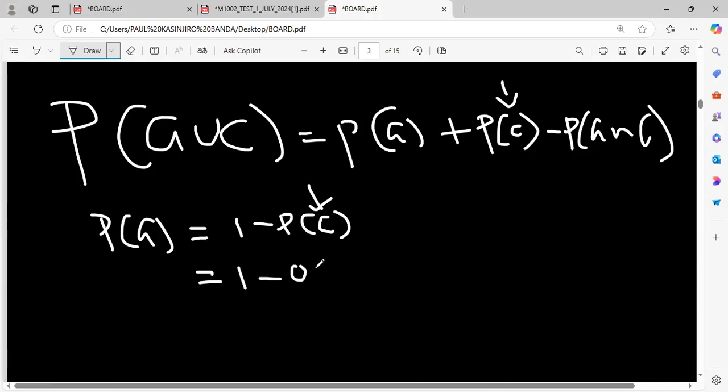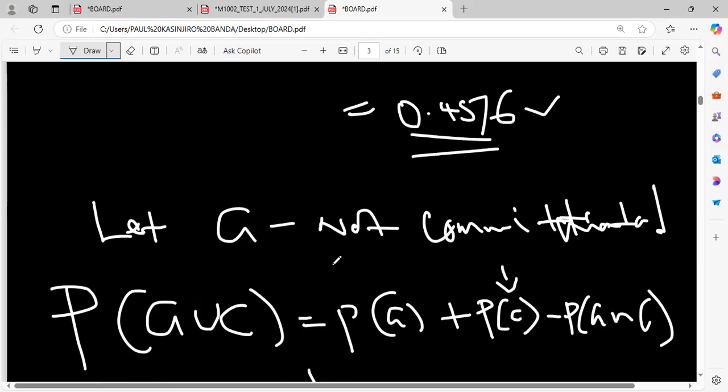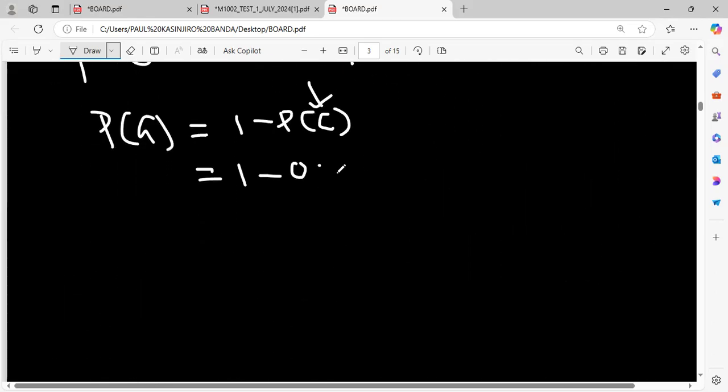So it will be 1 minus 0.0295. Let me punch this into my calculator.